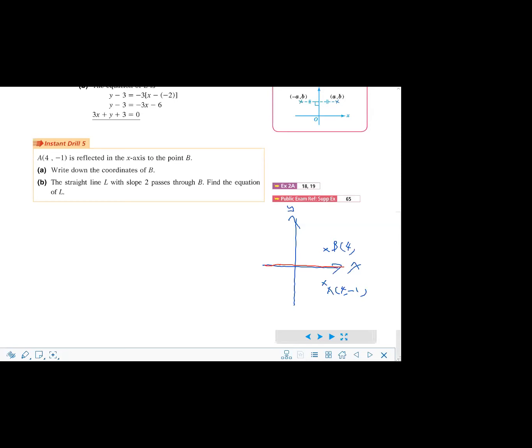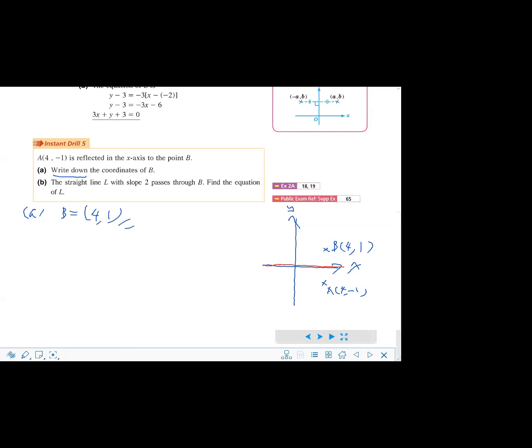The original number is -1, so it becomes +1. Therefore, if the question asks you to write down, you need not write steps, as it only carries an answer mark. Write down the coordinates of B. So the coordinates of B will be 4 and 1.